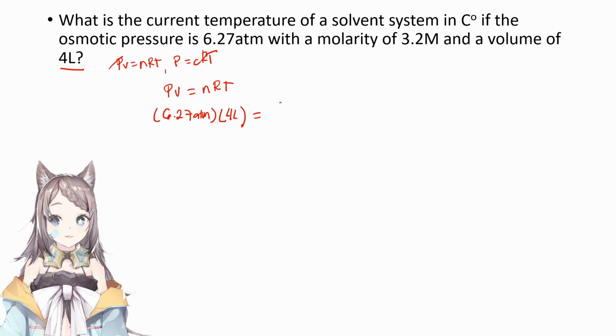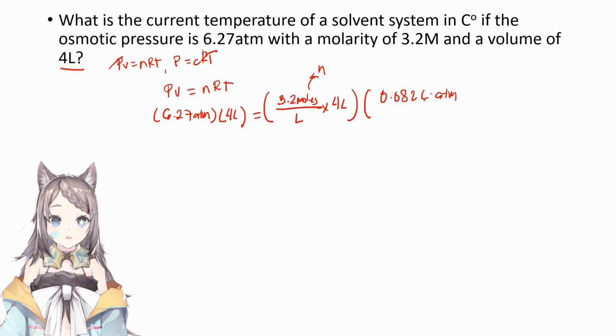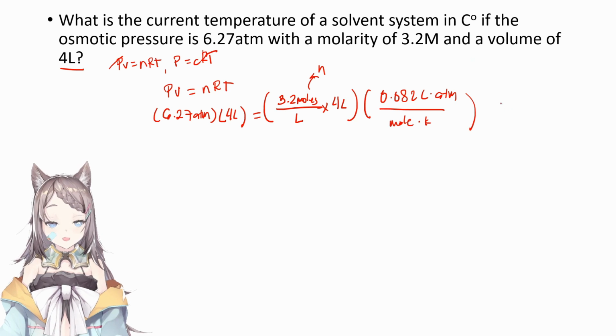Our amount of substance, or our moles, we can get by 3.2 moles per liter times the volume, which is 4 liters. So this is simply to get n. Then we have our gas constant, 0.082 liter atmosphere per mole Kelvin. And we are actually lacking temperature.